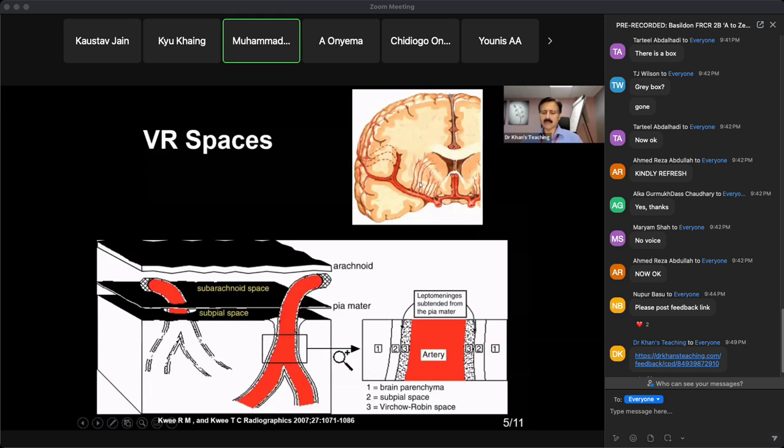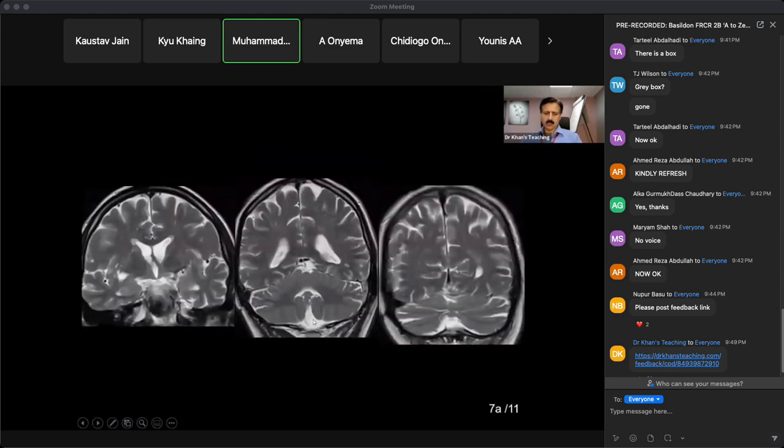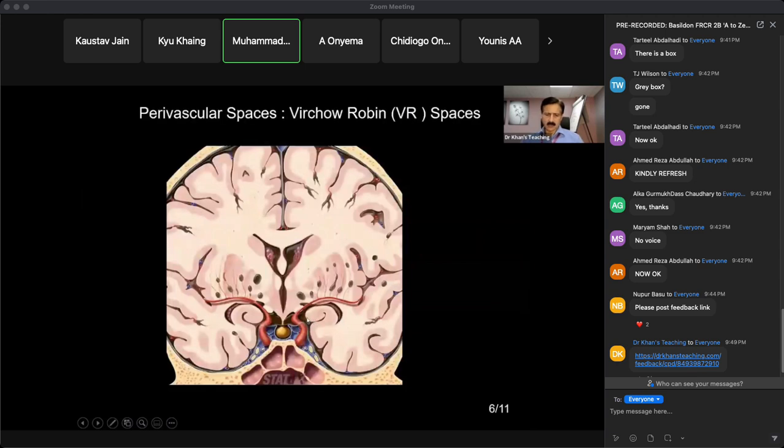Looking at these Virchow-Robin spaces, look at this picture here. So Virchow-Robin spaces at times can be dilated or prominent.